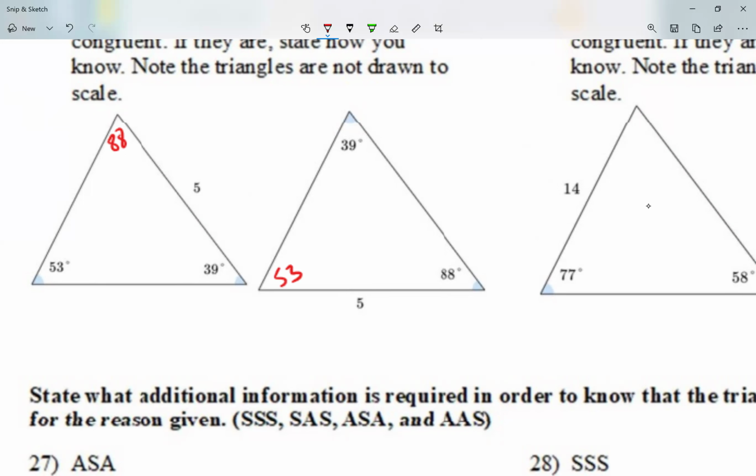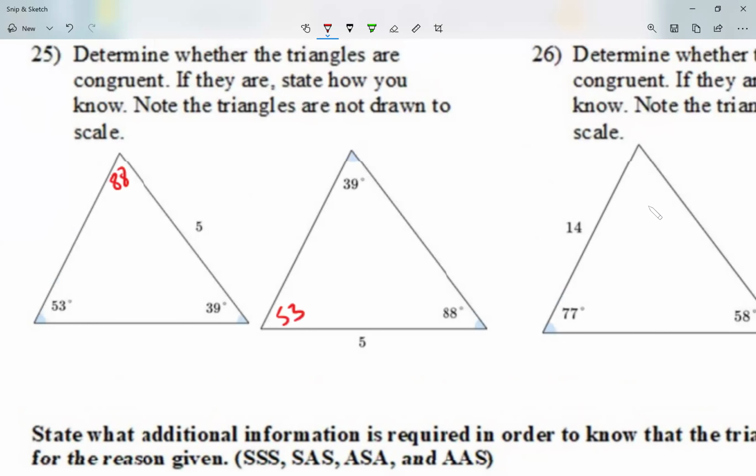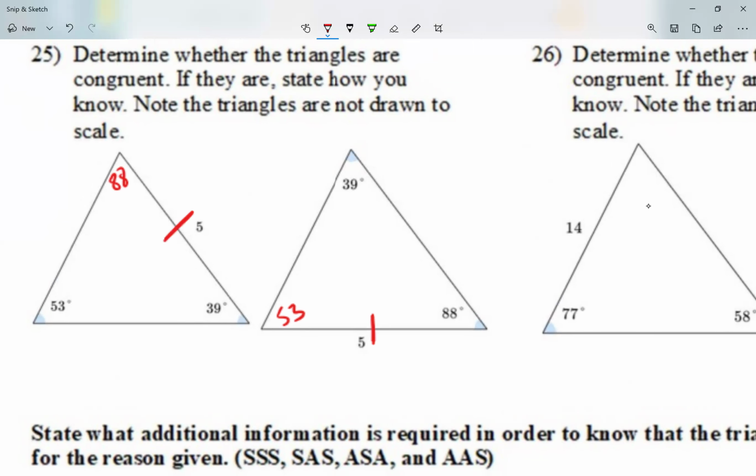Now let me see if this follows one of the rules. I see the side 5, this side, and this side. Okay, I'm following it. I'm wondering if this is the rule angle or the rule angle side. So let's see.